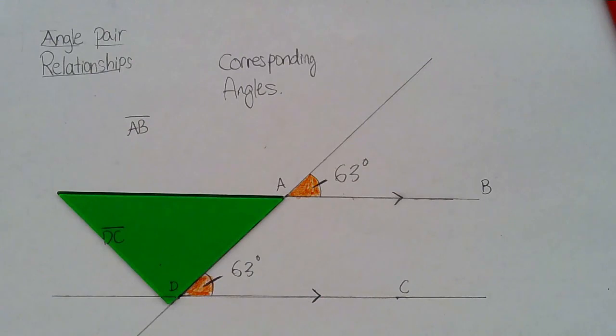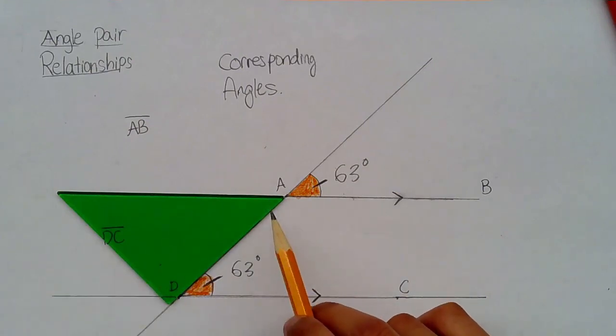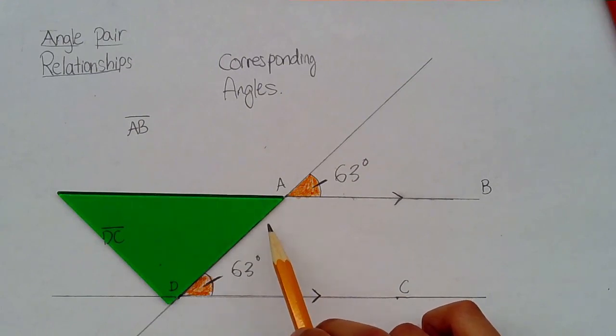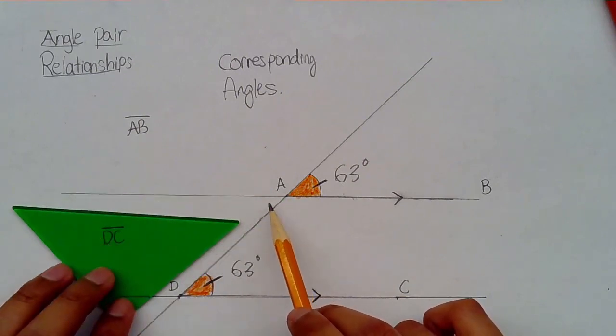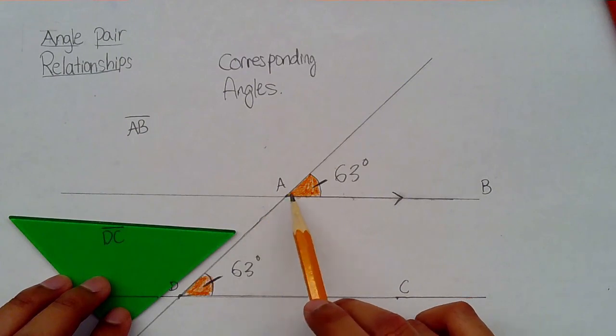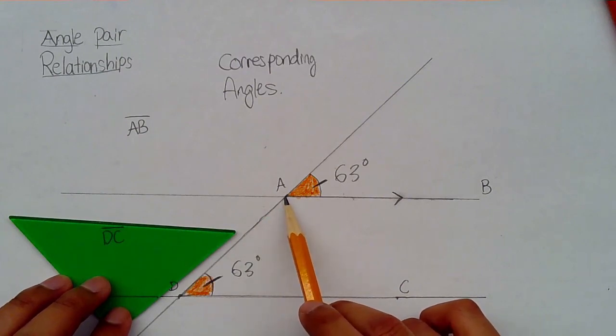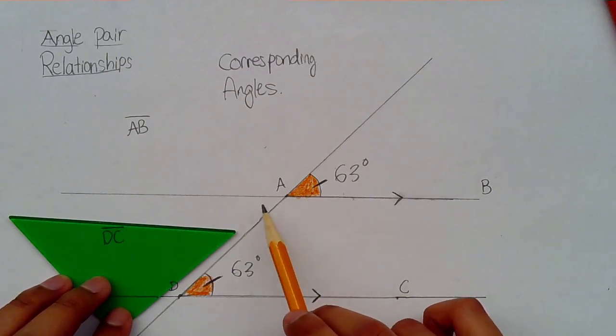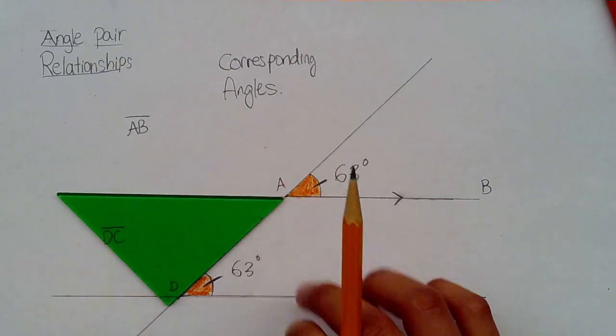This triangle lines up pretty well, or at least this angle does. This angle lines up pretty well with this angle on the opposite side of this intersection point with the orange angle. Isn't that a pretty neat coincidence?